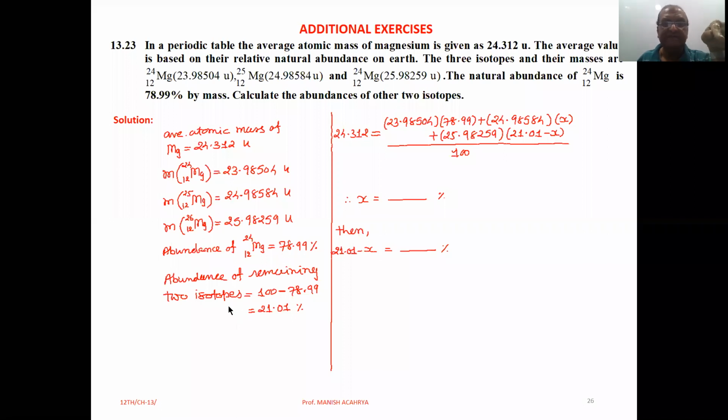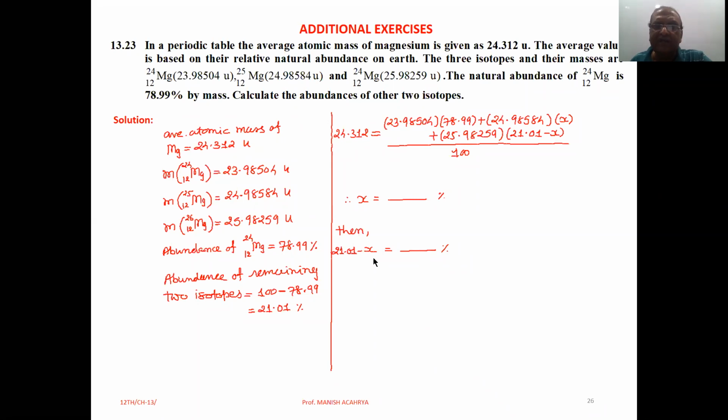It implies that, say, total we take 100%, out of which 78.99 is 12Mg24. So 100 minus 78.99 is 21.01%, that is the rest abundance of the other two isotopes.